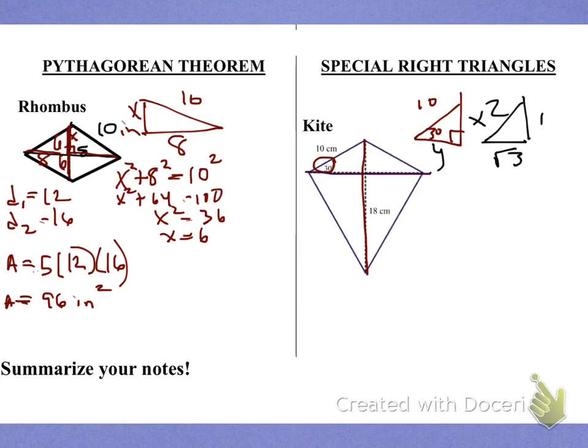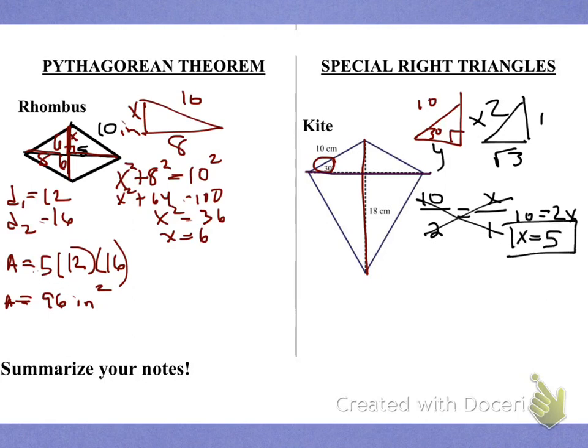Solving for x first, remember our scale is 10/2 equals x/1. Cross multiply, 10 equals 2x. Divide by 2, x equals 5. So that was an easy one. So we know right here we have x equals 5.